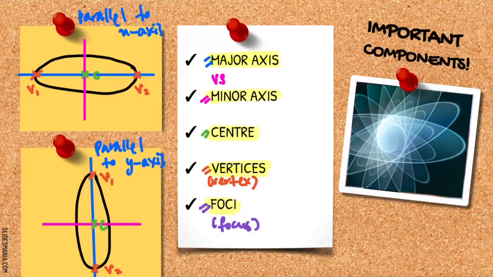Foci must always be in front of your vertices. This is your vertex, and this is your focus. This is another vertex, and this focus is in front of the vertex. Let me write here F1 and F2. Both of them are your foci.